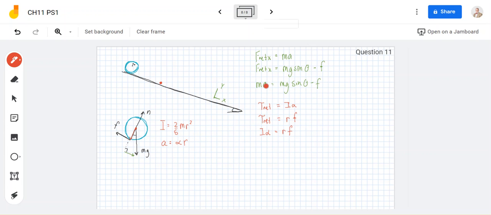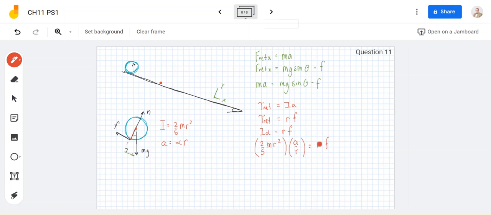I bring that up because I have a linear acceleration here, but an angular one here. So I'm going to make a substitution, bolt these into here. We're going to see what happens. So 2/5 mr squared times a over r is equal to rf.